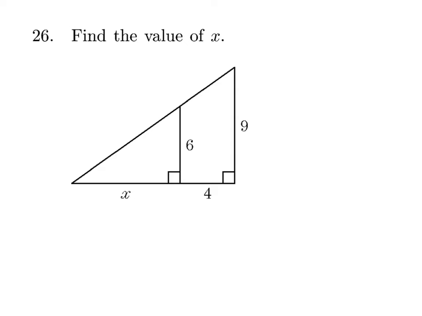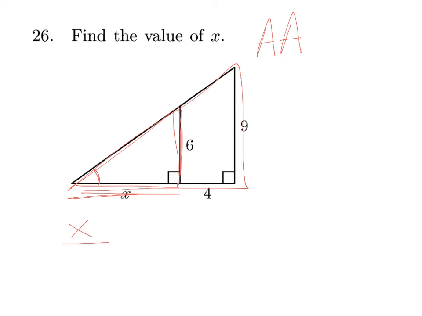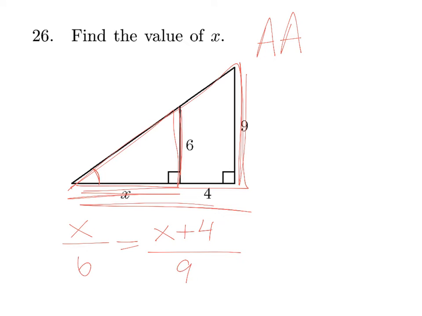All right, here we have two similar triangles. They are similar by AA. So I could set up a proportion. X over 6 is equal to x plus 4, I have to use the whole thing, over 9. Here's another way to do it.